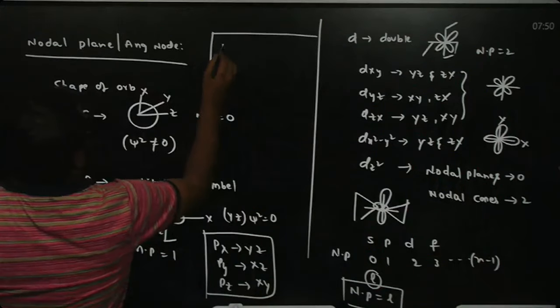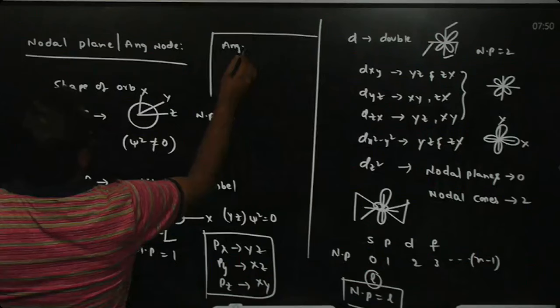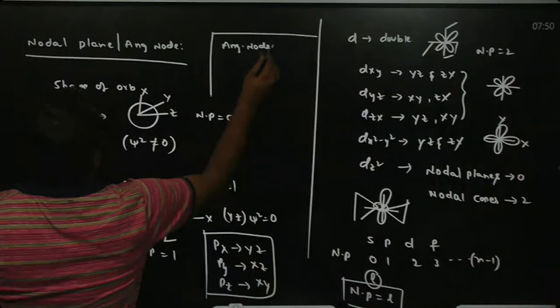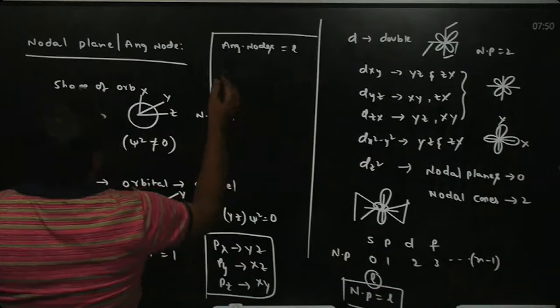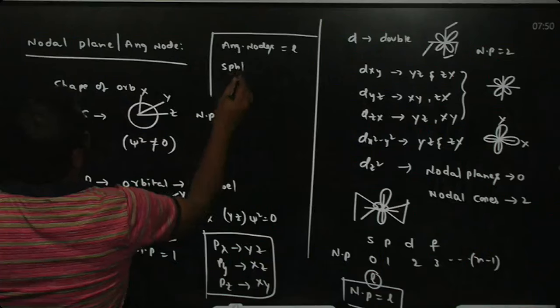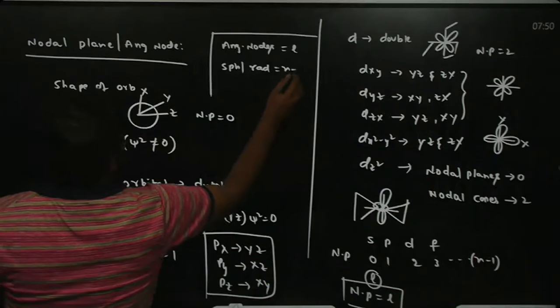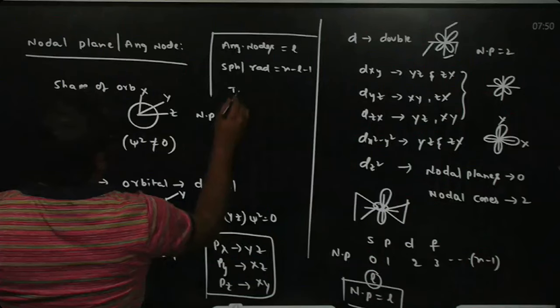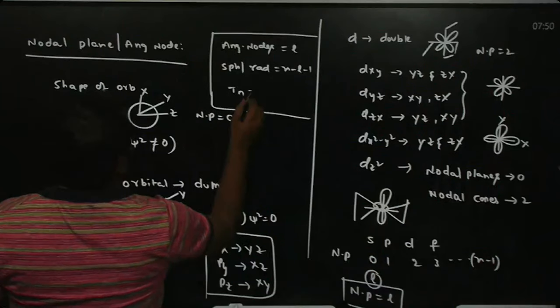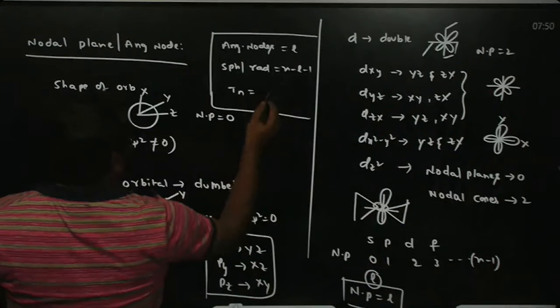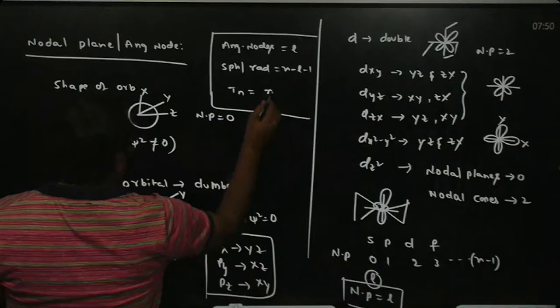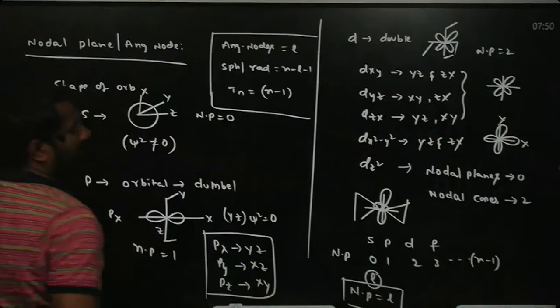Angular nodes are nodal planes, equal to L. Spherical nodes are radial nodes, and we gave the formula n minus L minus 1. So the total number of nodes is n minus L minus 1 plus L, which becomes n minus 1. We can write this finally.